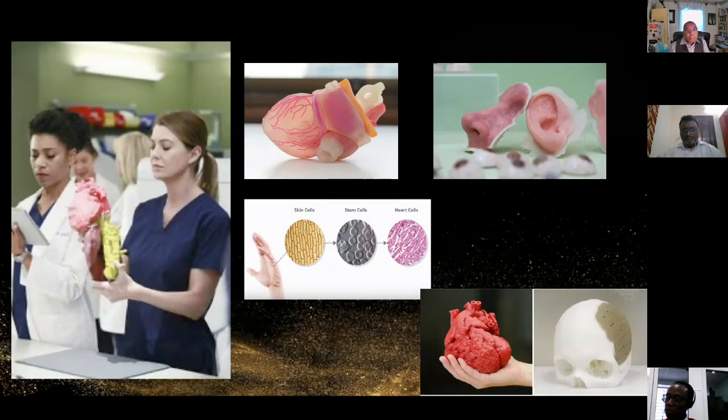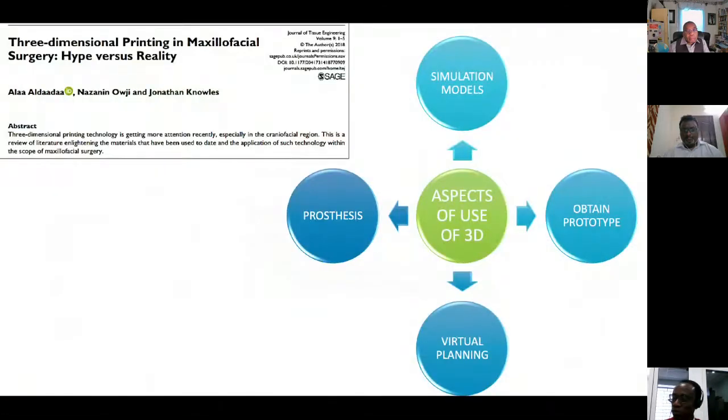If you see this particular slide from Gray's Anatomy, I'm sure you remember where students are given anatomical models to understand the complexity involved in each of the human organs, may it be the heart or the nose or the auricle. Every student has been given this to understand the intricacies involved in the human body.